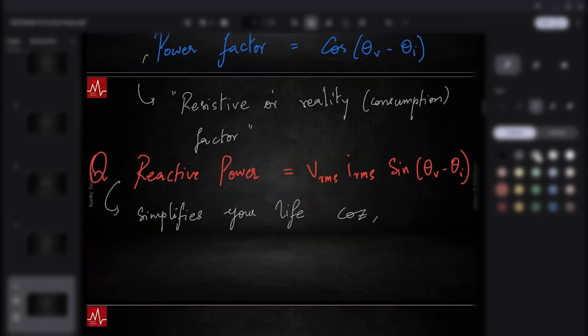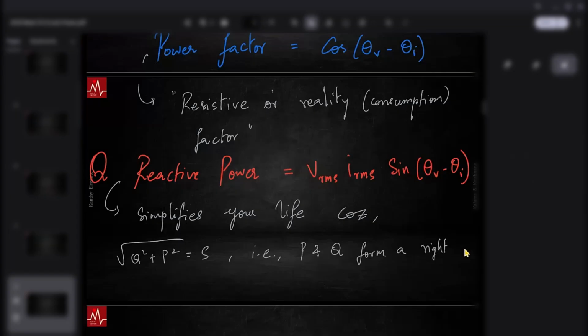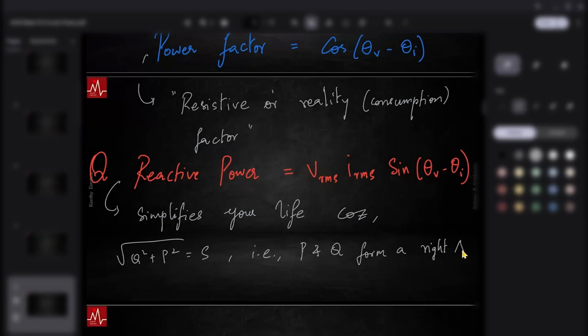You can quickly note that Q squared plus P squared is S squared, that is, S, P, and Q form a right triangle, with S as the hypotenuse.